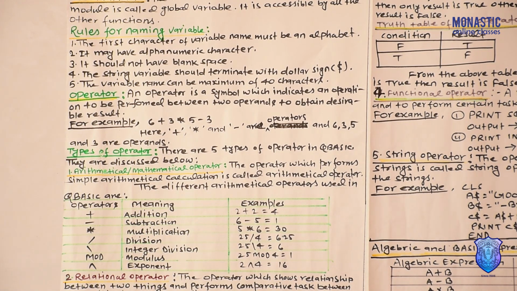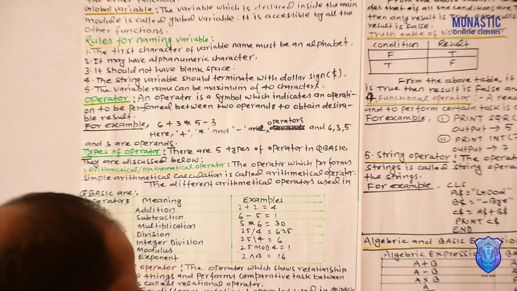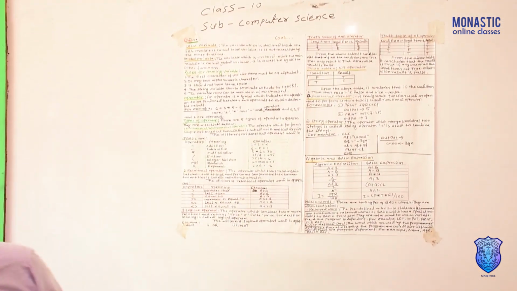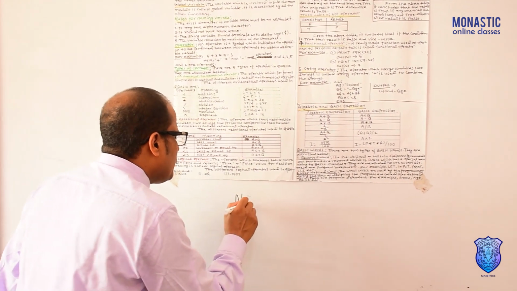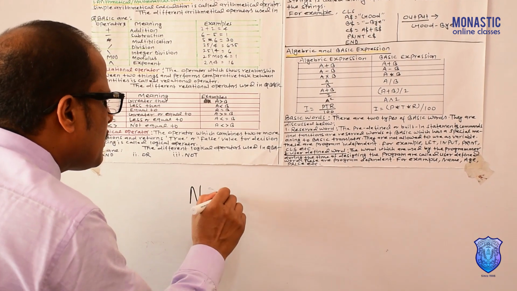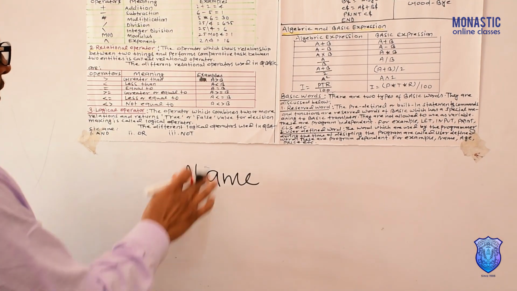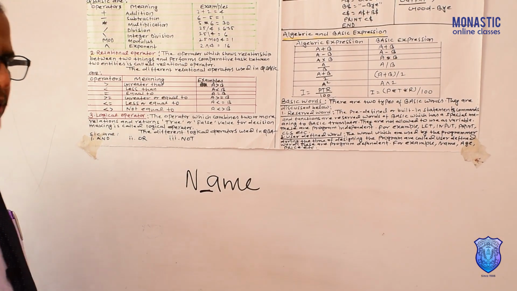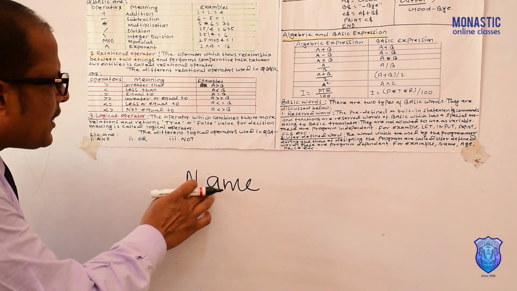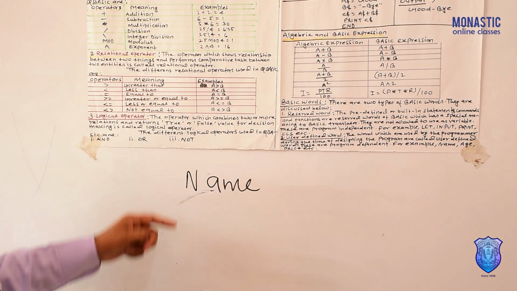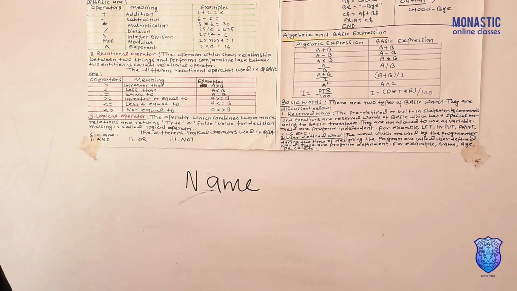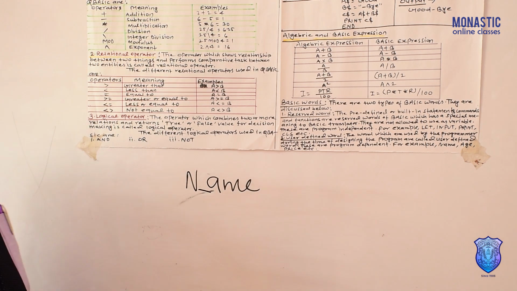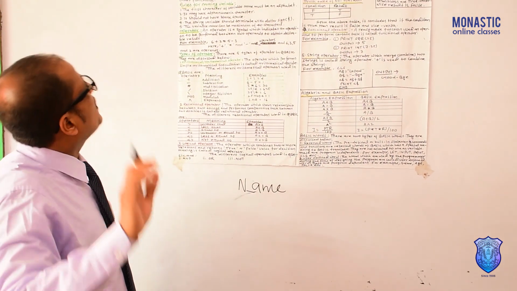For example, if you have written n space e, here is a space, so that is considered invalid. A variable name should not have blank space.